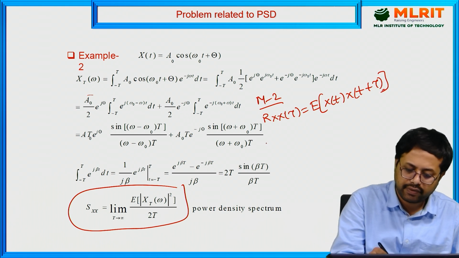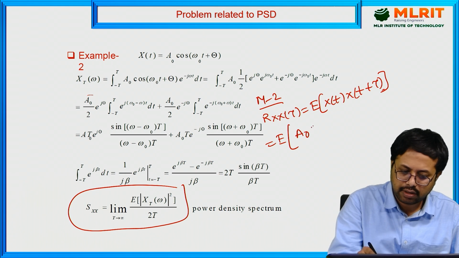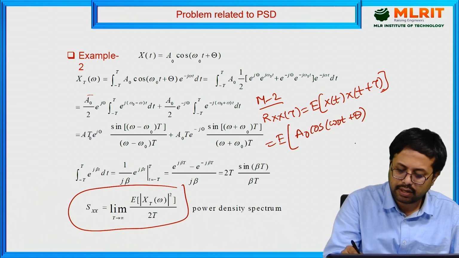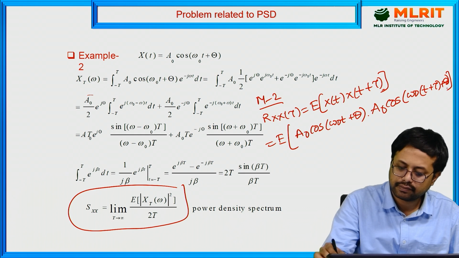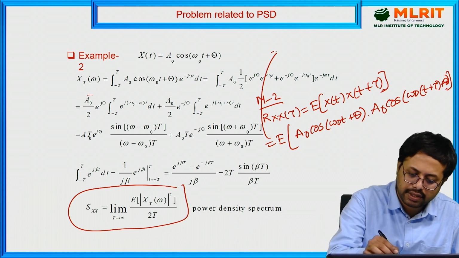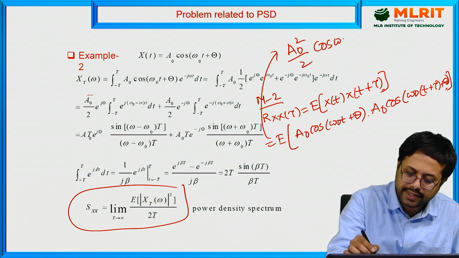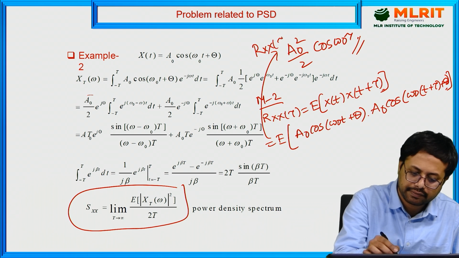Now we have the expectation of A naught cos(omega naught t plus theta) into A naught cos(omega naught t plus tau plus theta). This one we already solved. When you apply the autocorrelation, you will get the answer A naught square by 2 cos omega naught tau. This is the autocorrelation function.